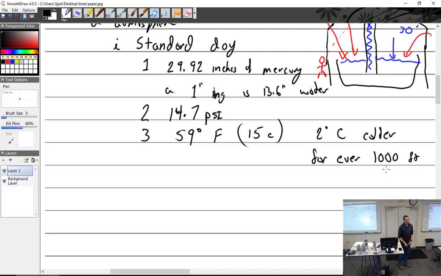If I go up 10,000 feet, what's the temperature? 2 degrees per 1,000. So if I go up 10,000 feet, how many degrees Celsius colder did you just get? 20 degrees Celsius colder. It started at 15, so minus 20 would be negative 5. Negative 5 degrees C at 10,000 feet on a standard day.